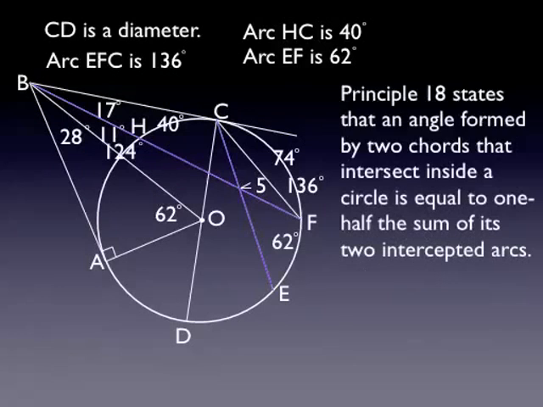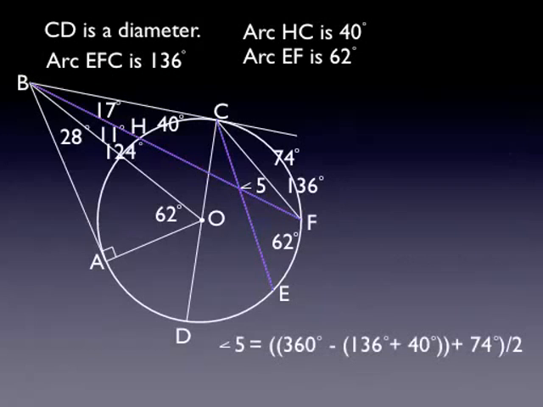Now let's take a look at angle 5. Principle 18 states that an angle formed by two chords that intersect inside a circle is equal to 1/2 the sum of its intercepted arcs. So on one side of angle 5 we have an intercepted arc of 74 degrees. On the other side we don't have that information yet, but by adding 136 degrees plus 40 degrees and subtracting that from 360 degrees, we find that we have 360 minus 176.